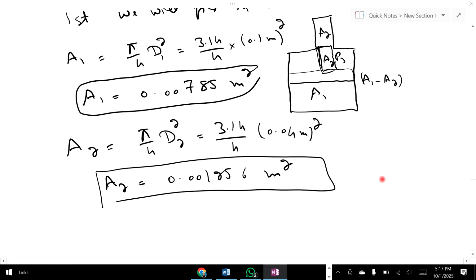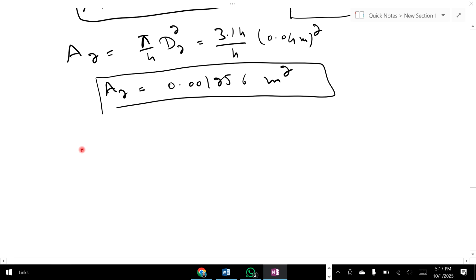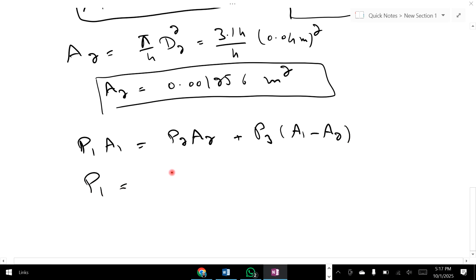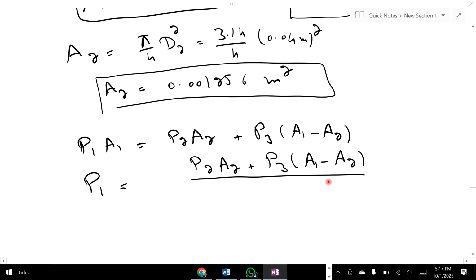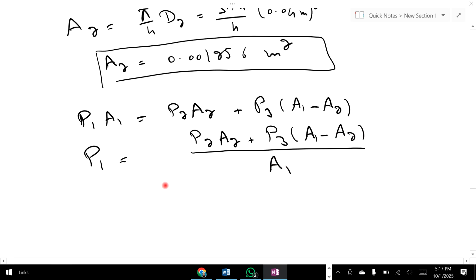Now I can easily find P1 from the above equation. P1 A1 is equal to P2 A2 plus P3 (A1 minus A2). Dividing both sides by A1, P1 is equal to P2 A2 plus P3 (A1 minus A2), divided by A1.